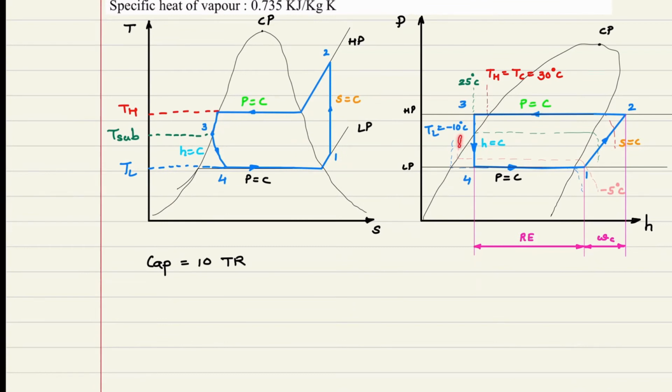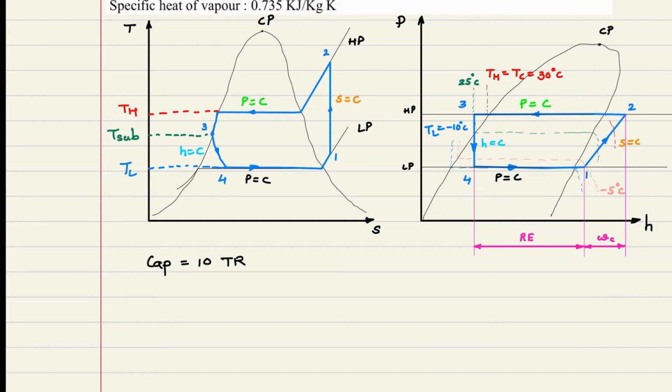Here I have shown a minus 5 temperature line, and below that this temperature is minus 10. So this curve is 30 degrees Celsius, then this one is 25, this one is minus 5, and this temperature is minus 10.